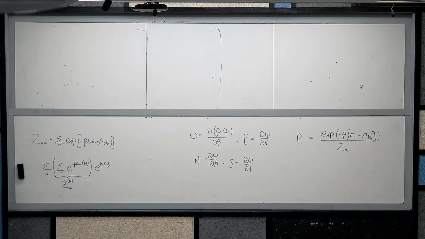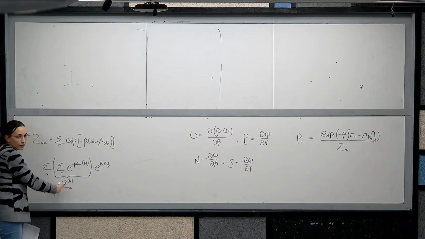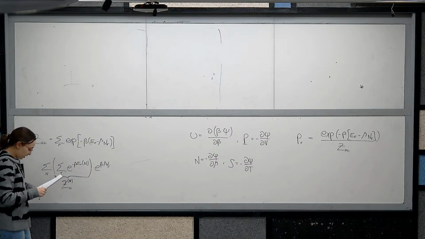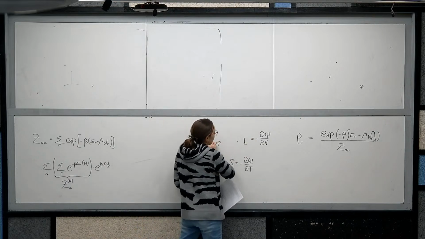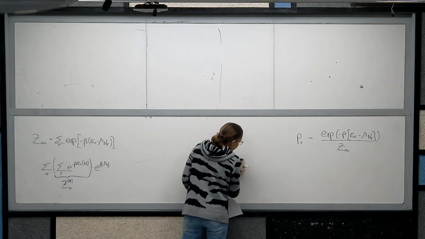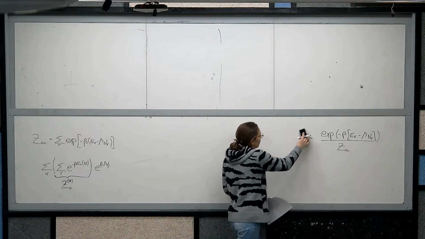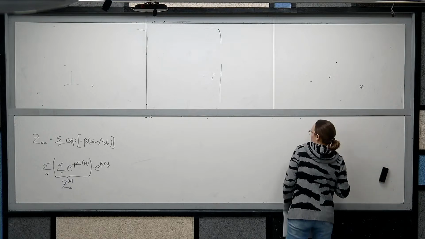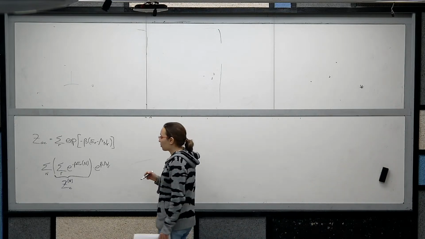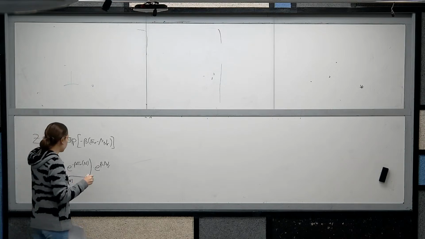But now we succeeded in writing the grand canonical partition function using the canonical partition function. And sometimes it can be easier to calculate the canonical partition function than the grand canonical partition function.